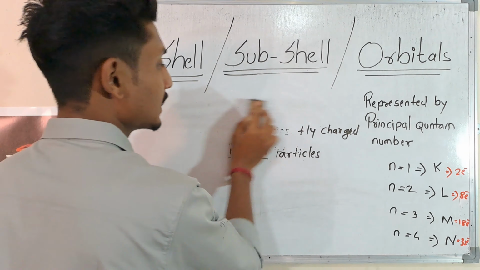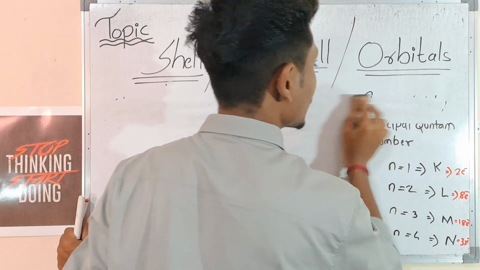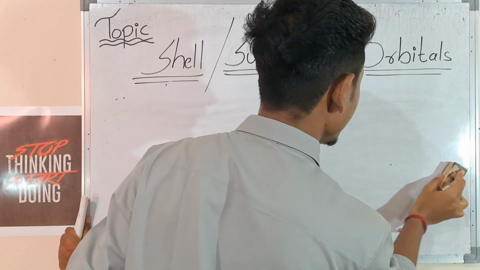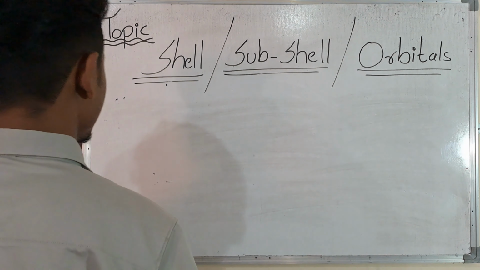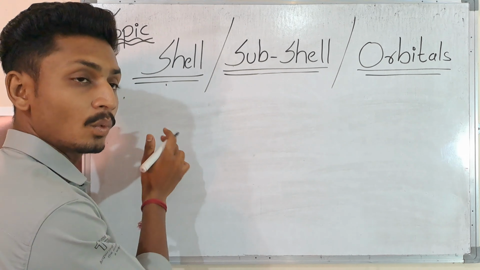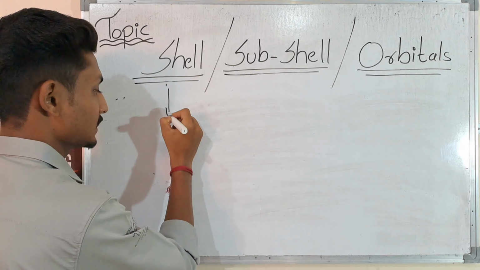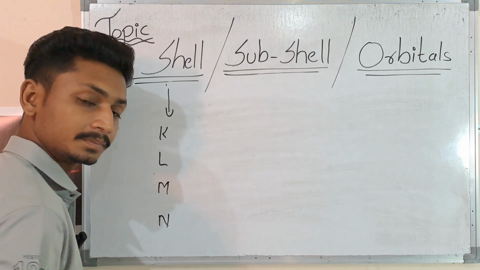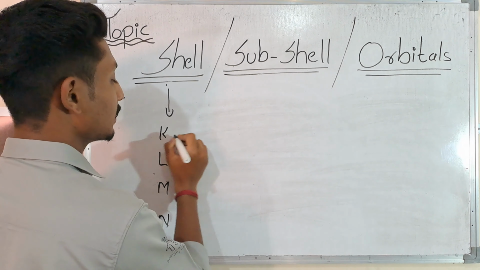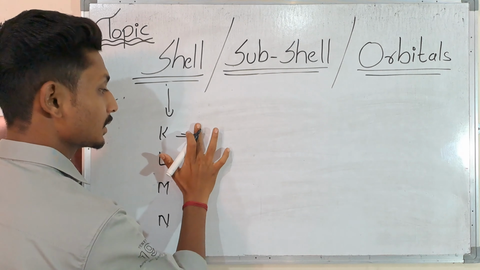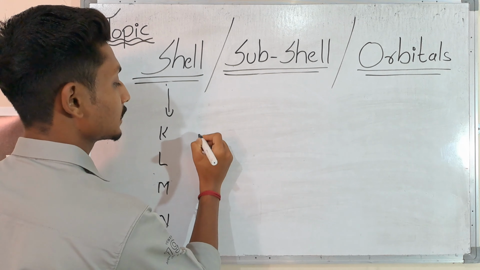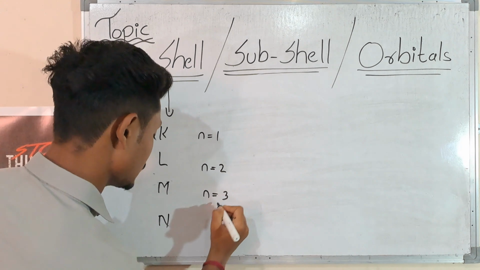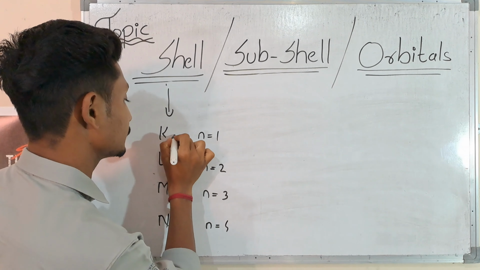For calculating this, we have a general formula for how many electrons are present in one shell. Shells are K, L, M, N, and principal quantum number for K is 1, means n equals 1, n equals 2, n equals 3, and n equals 4.